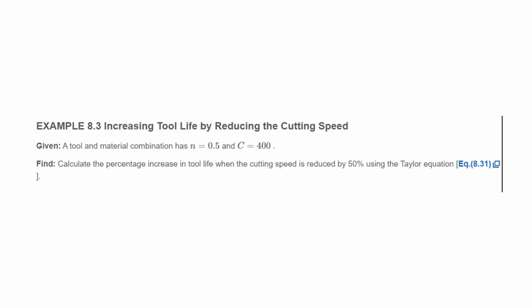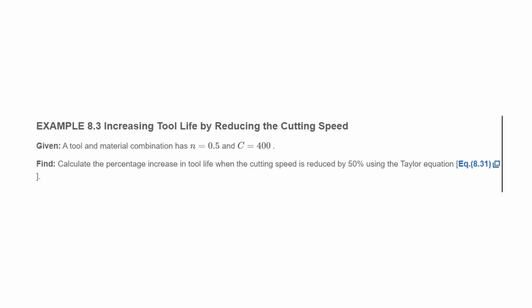We know that VT^n = C, right? And C is a constant for the tool and material combination, and n equals 0.5. If my cutting speed is decreased by 50%, what is the percentage change of my tool life T? How to do that?